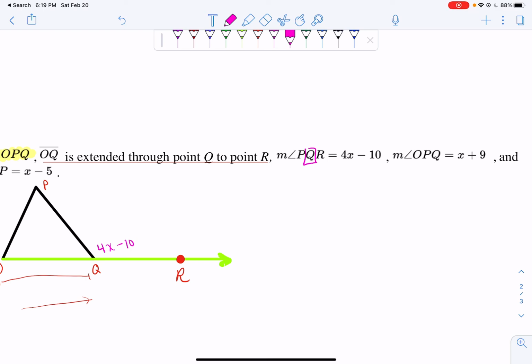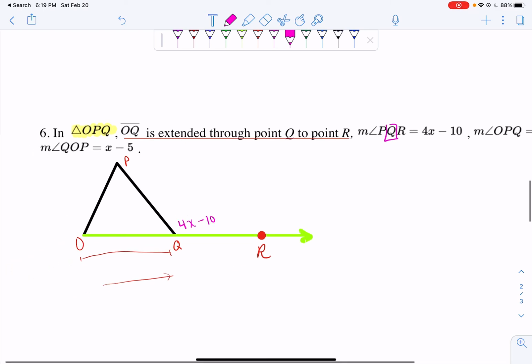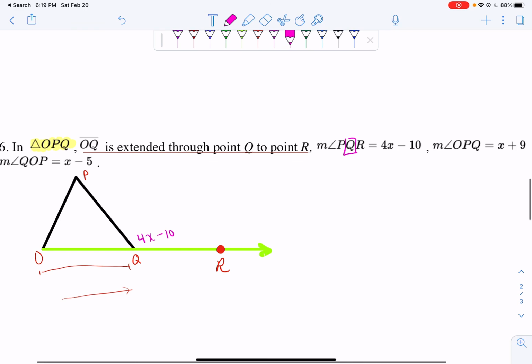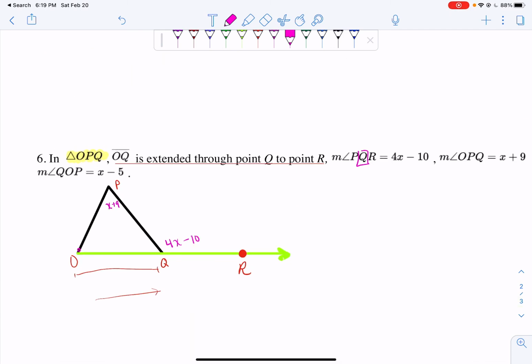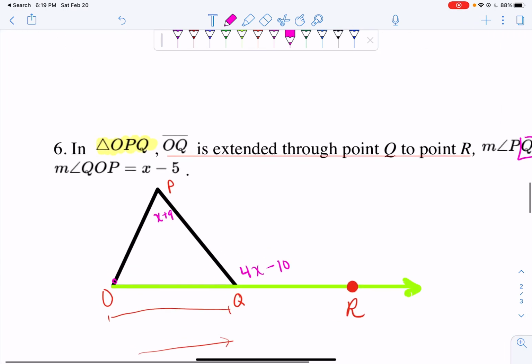It occurs at angle P. I start at O, go to P, then end at Q. So I'm right here, and I have my x plus 9. Last but not least, the measure of angle QOP is x minus 5. I start at Q, go to O, end at P, right here.